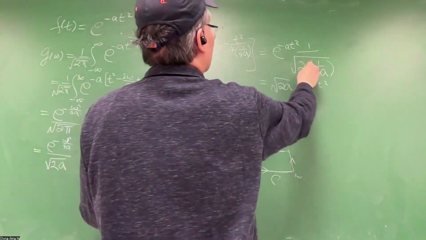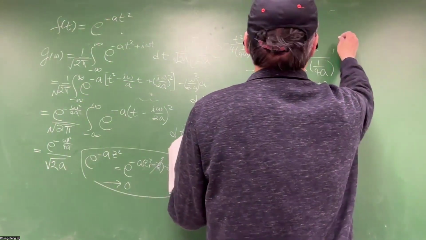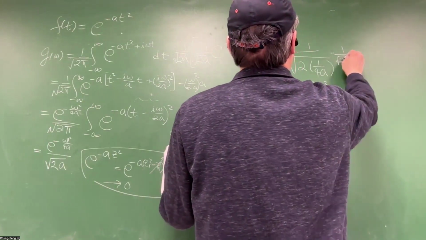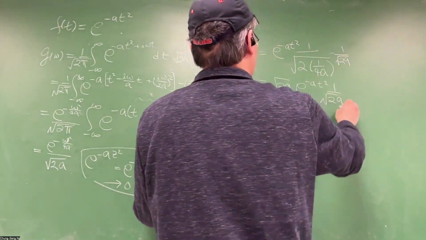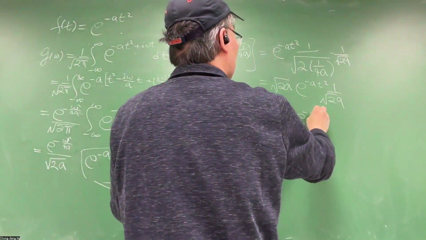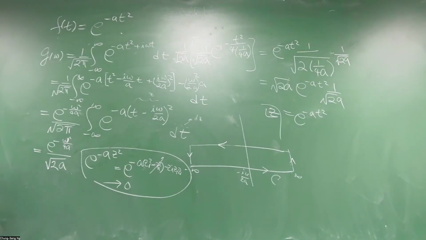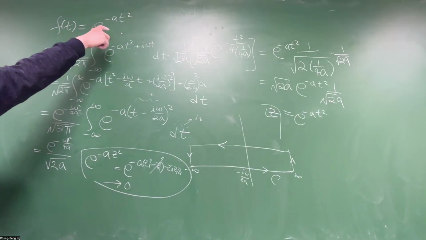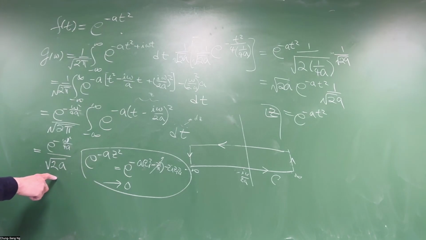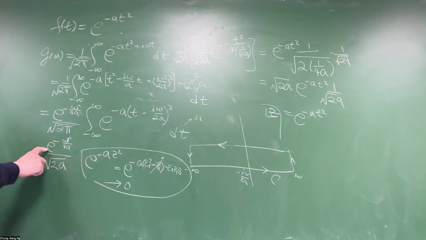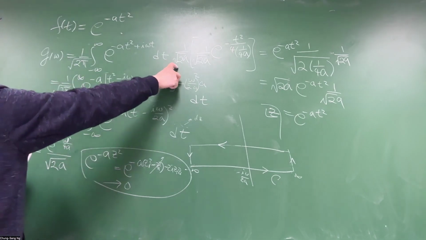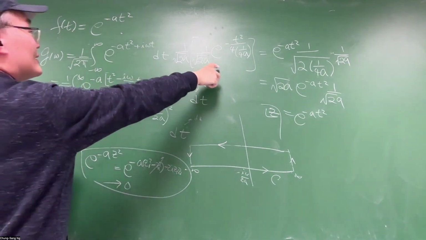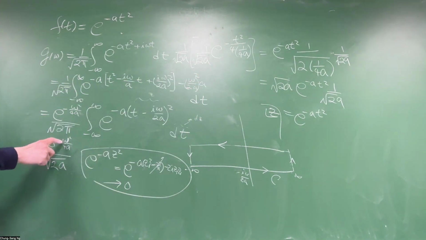Whatever that is, multiplied by square root of 2a, multiplied by the inverse of 2a. Okay, so we recover that. This whole process is saying that the Fourier transform of this one gives you this formula, right? When you do the inverse transform, you multiply by 1 over square root of 2a, and copy the same formula.